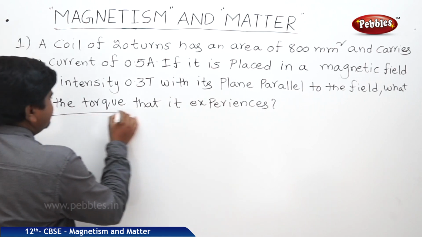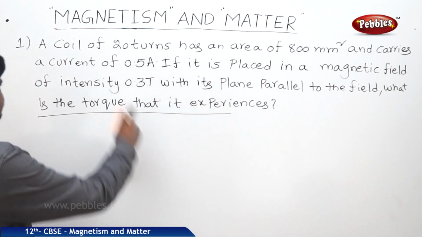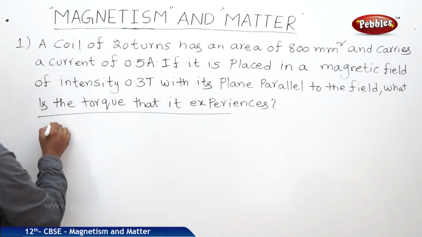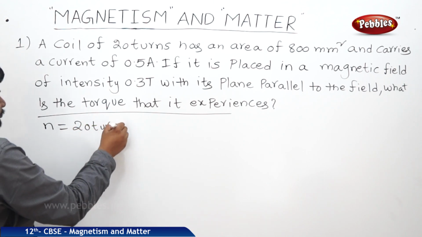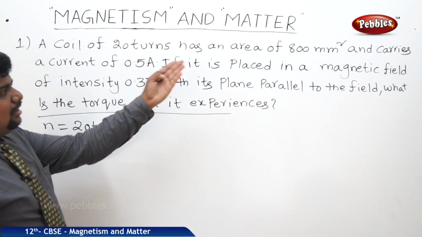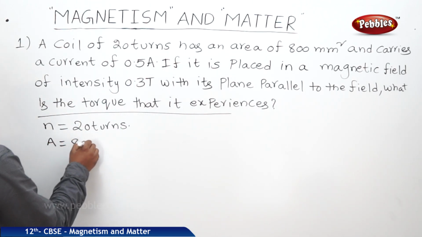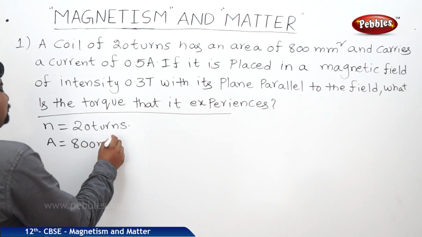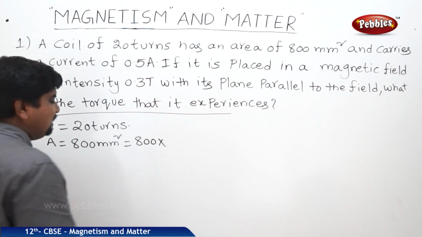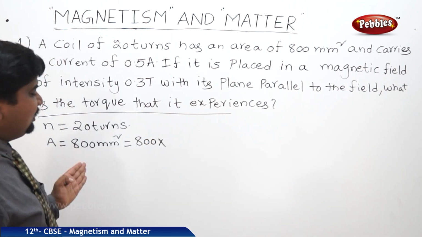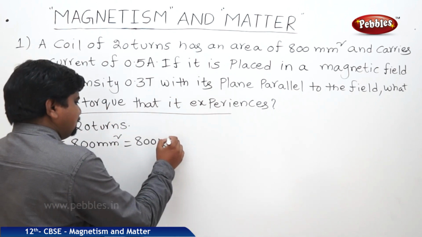So, better to write all the physical quantities which are mentioned in this problem. Coil of turns 20, so N is equal to 20 turns, has an area of 800 millimeters square, so the area is equal to 800 millimeters square. 1 millimeter is equal to 10 to the power of minus 3 meter, so millimeter square is equal to 10 to the power of minus 6 meter square.